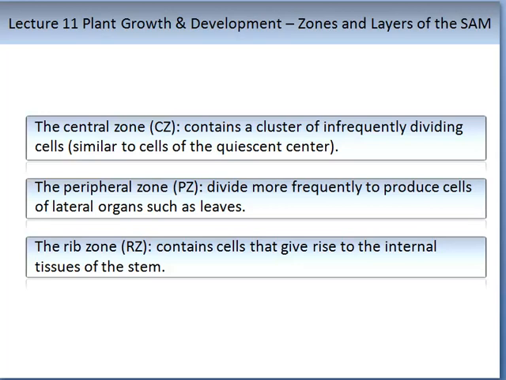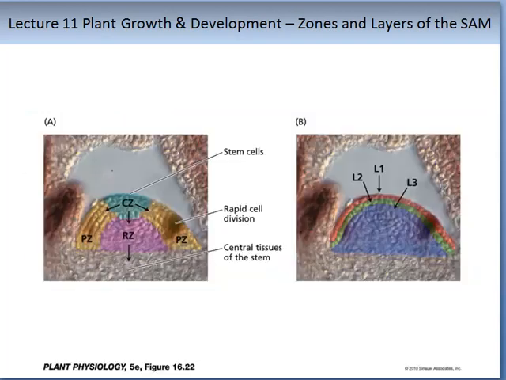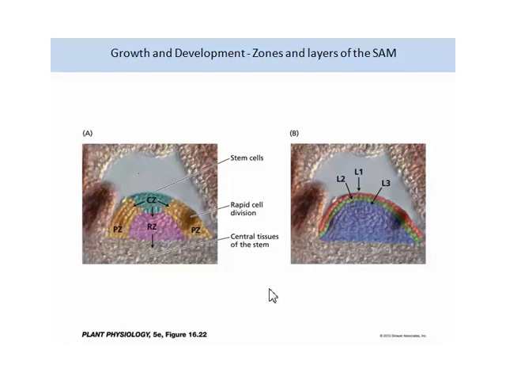The peripheral zone, or PZ, divide more frequently to produce cells of lateral organs such as leaves, while the rib zone, or RZ for short, contains cells that give rise to the internal tissues of the stem. The image on the slide shows a high-power microscopy of the zones and the layers of the SAM, the shoot apical meristem.